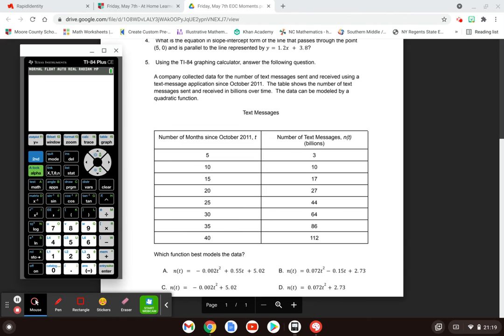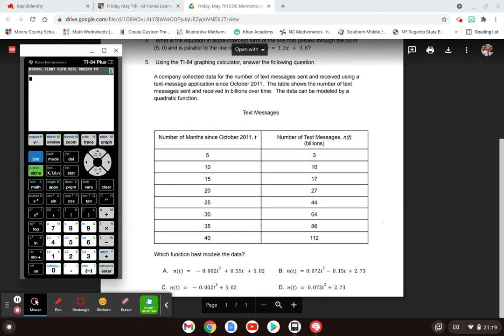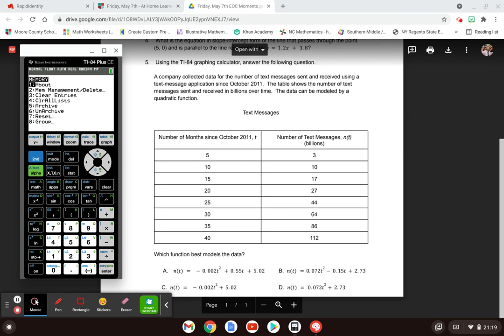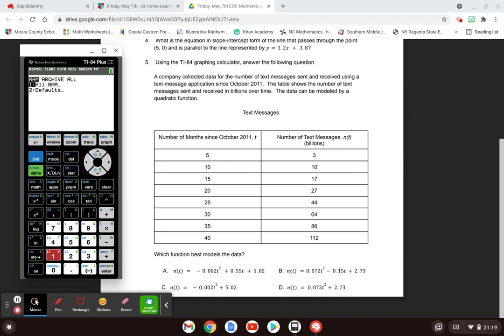The table shows the number of text messages sent and received in billions over time. The data can be modeled by a quadratic function. All right, so that tells me this is a quadratic function. So the first thing I'm going to do with my calculator is do the memory clear procedure. So 2nd, plus, and then type the 7, 1, 2, and my RAM is cleared.